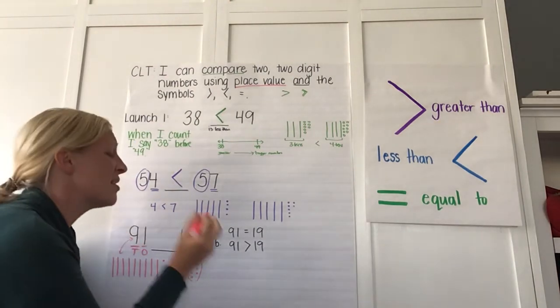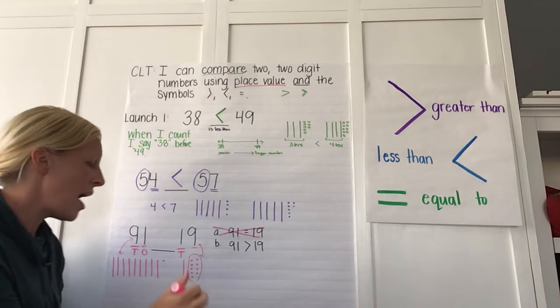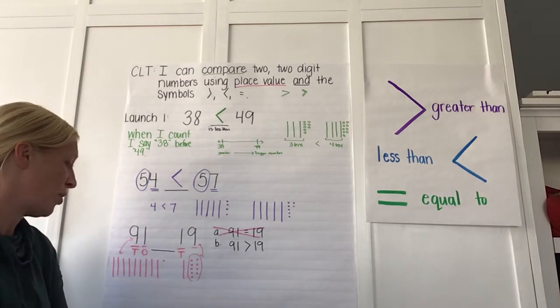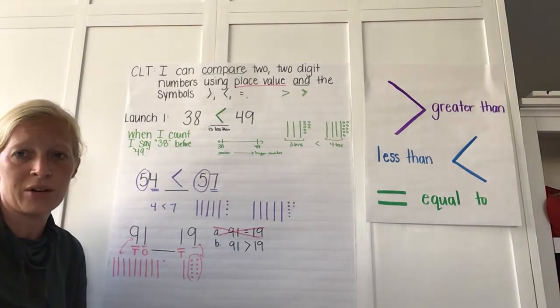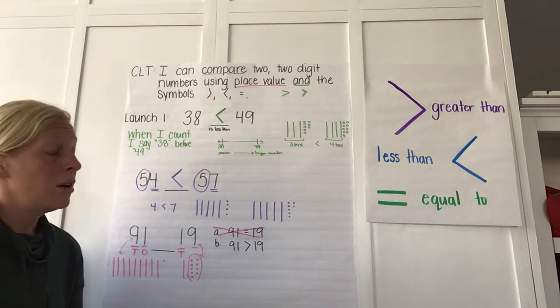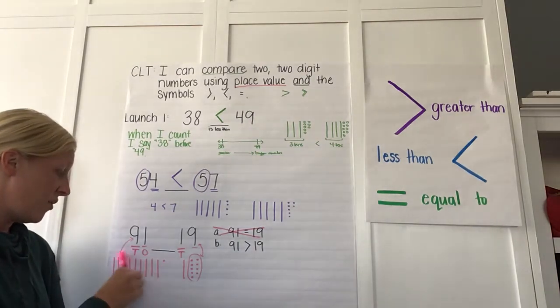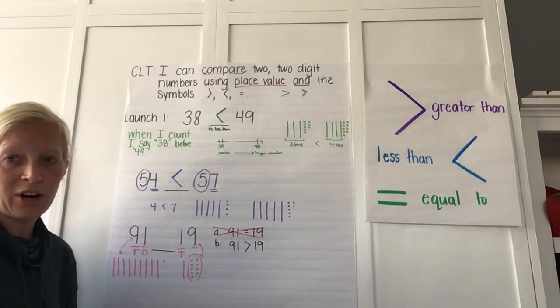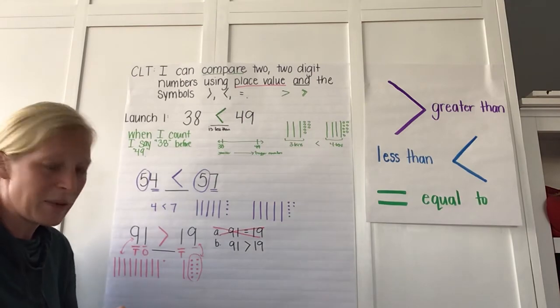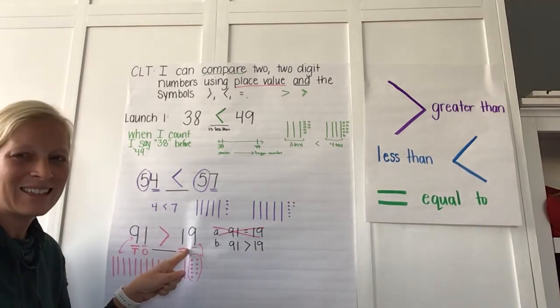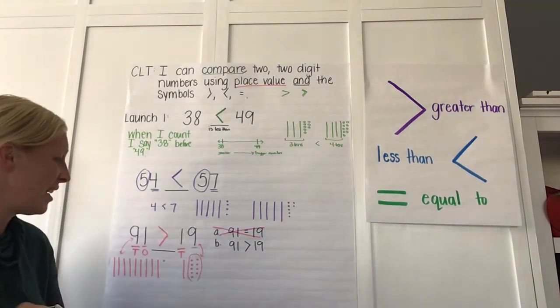So if this is not true, how do we know what is true? What do you notice about these two models? Look at all of these tens. Which number is bigger? Yes, our 91 is bigger than what's this number? 19.